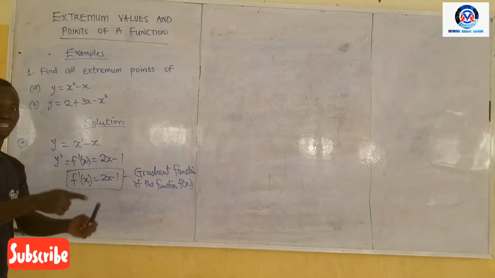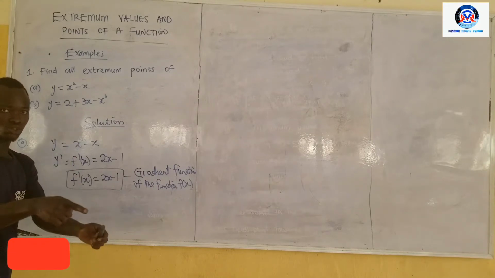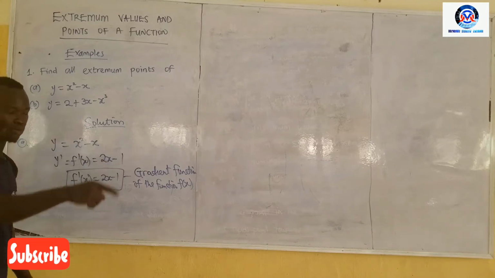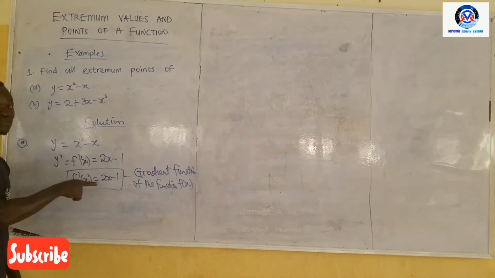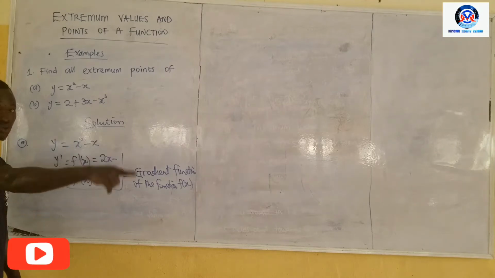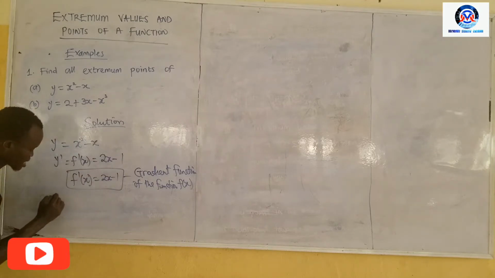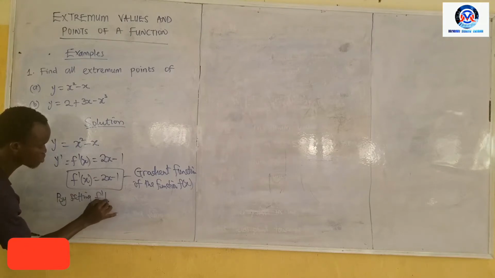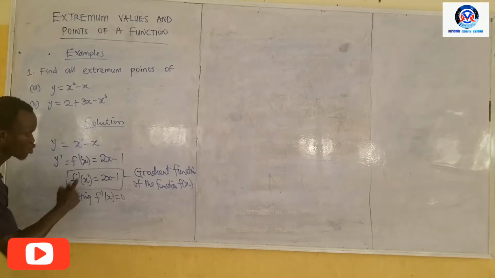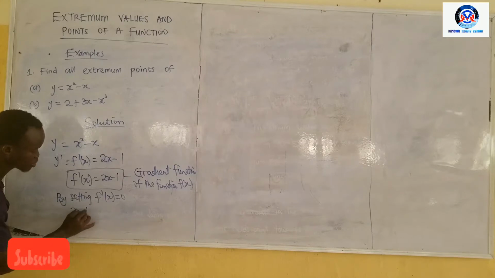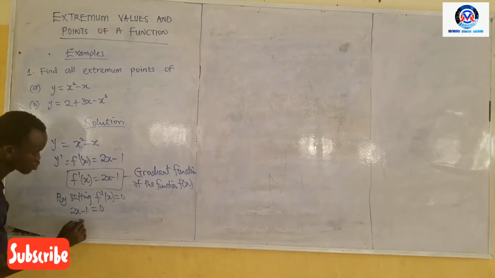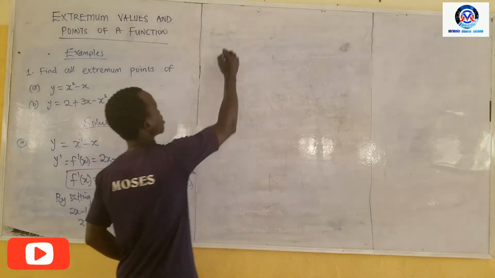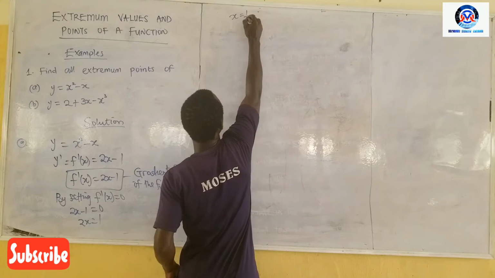At the turning point the gradient function of the function is equal to 0, and we have the extremum value of the function at the turning point. So we have to set this f prime of x equal to 0 now. By setting f prime of x equal to 0, we have 2x minus 1 equals 0, so 2x equals 1, and solving for x, we have x equals 1 over 2.